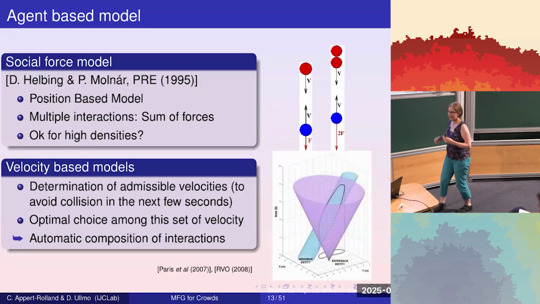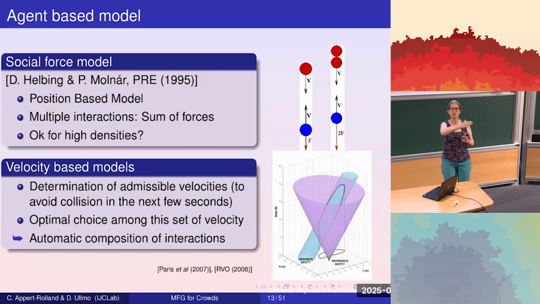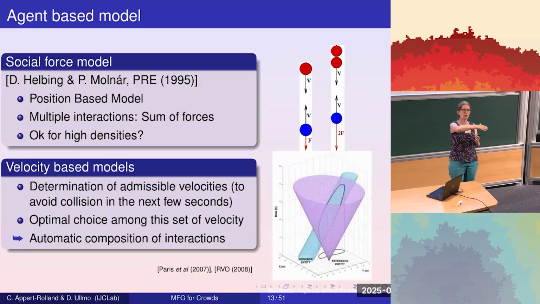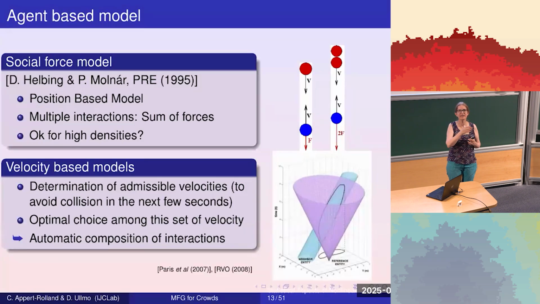So the idea is that you take all the velocities which are more or less aligned with your goal, and then you suppress all the velocities that would give a collision in a few seconds, and you choose among the remaining velocities the one that is the best for you.